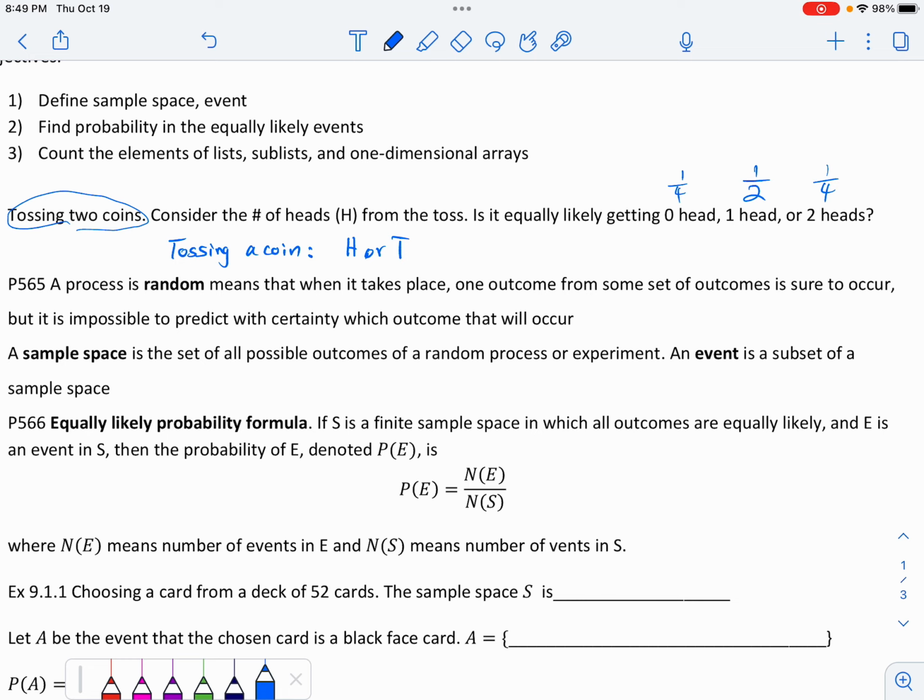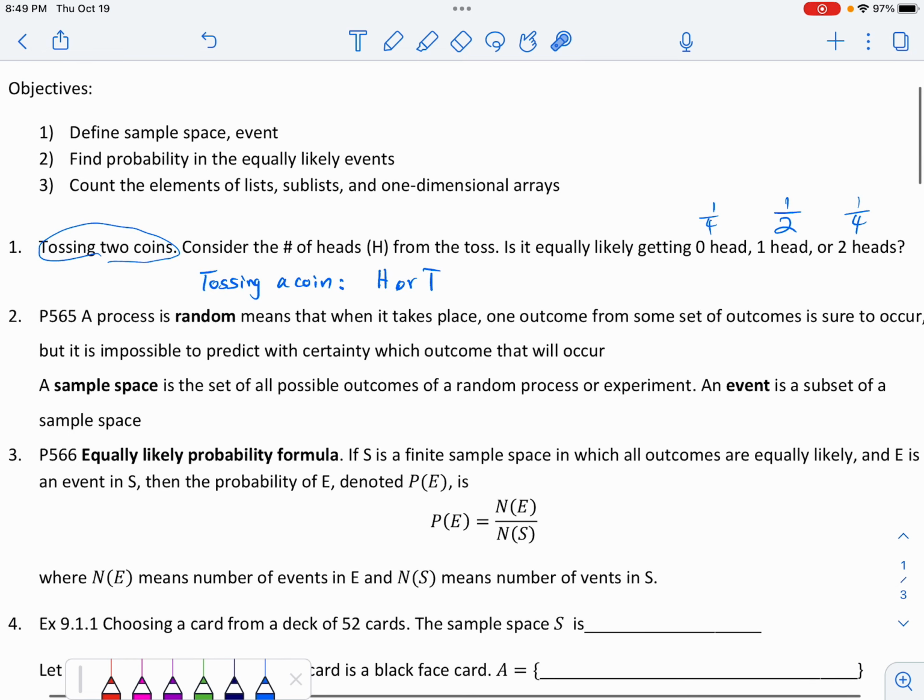However, before you toss it, it's impossible for you to predict with certainty whether you get a head or a tail. So you don't know what will occur. However, you are certain one of those will occur, right? So therefore, tossing a coin is a random process. And probability theory studies, or finds, probabilities for random processes.